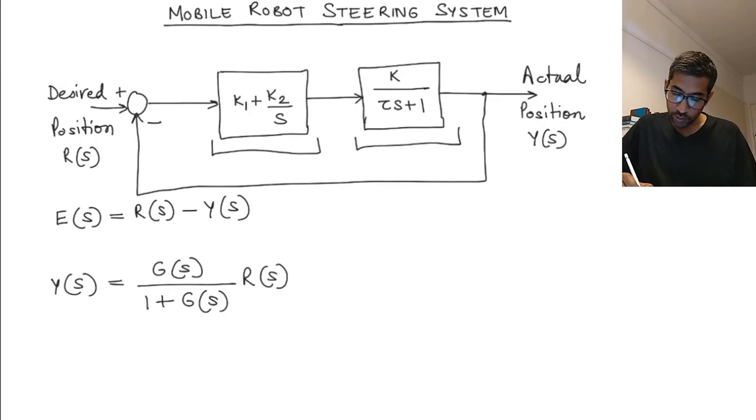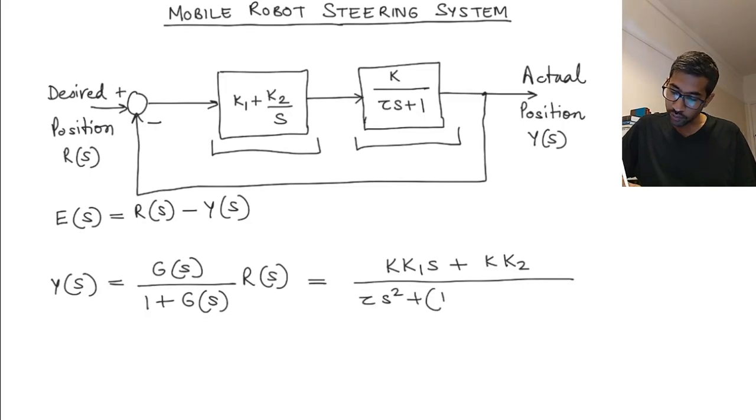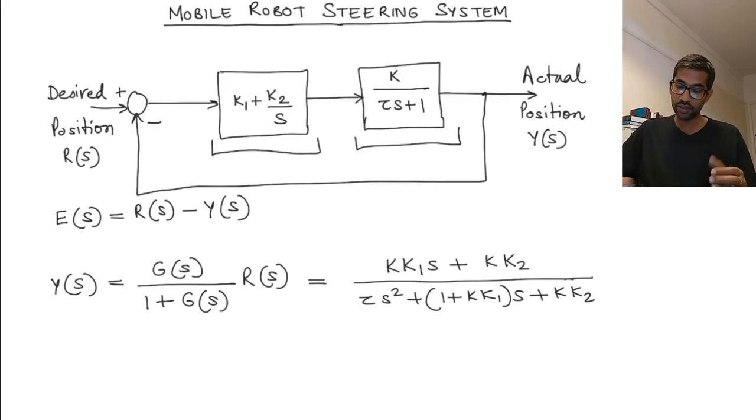So if you evaluate Y(s), what you get is (k1 s plus k2) divided by (tau s squared plus 1 plus k1 s plus k2). I'll leave you to evaluate this output.